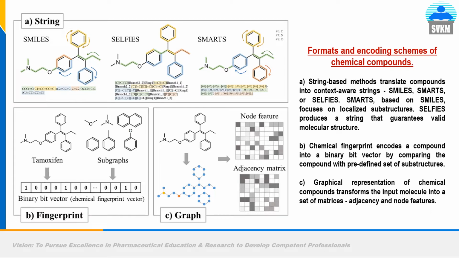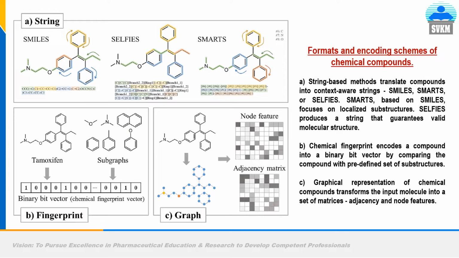Second is B, fingerprint, in which we convert the molecule into a binary vector, that is 1 or 0. If 1 is there, it indicates some feature in this molecule. If 0, it is missing in that particular area, motif or substructure. And C is graph, a way to show the connection between various data points.